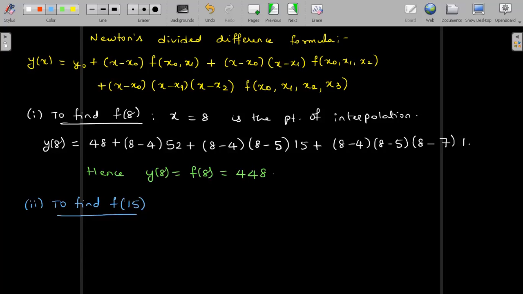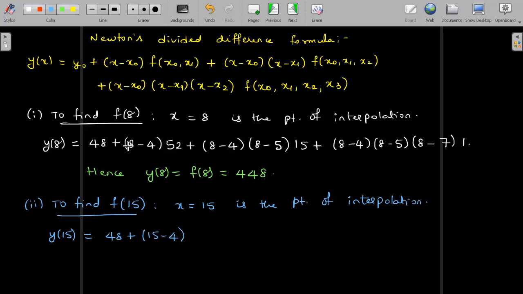F of 15 we have to find. So here x is equal to 15 is the point of interpolation. With that one formula, that is Newton's divided difference formula, we are finding both these values, both y of 15 and y of 8. So y of 15 is equal to, again the substitution step, 48 plus 15 minus 4.